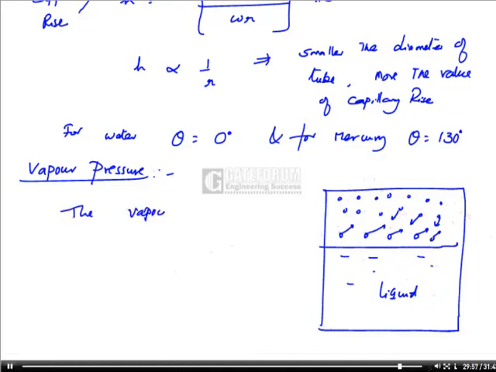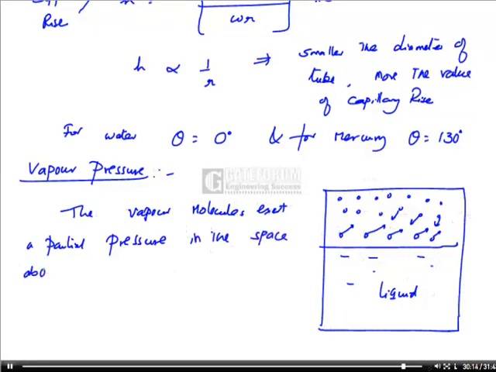The vapor molecules exert a partial pressure in the space above the liquid, known as vapor pressure.